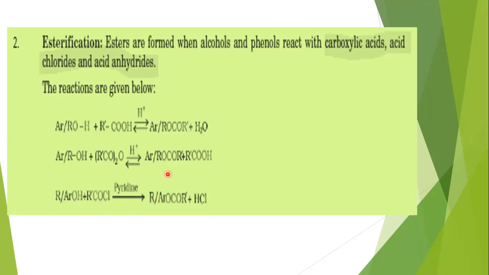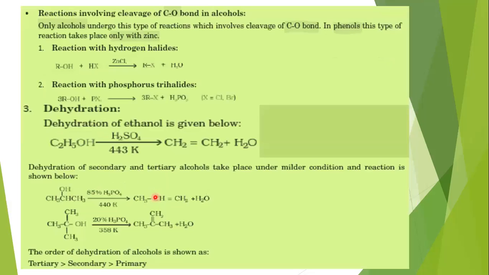So this ester formation takes place from alcohol and phenol when they react with carboxylic acid or with acid anhydride or with acid chloride. Corresponding ester formation takes place. So this is esterification.